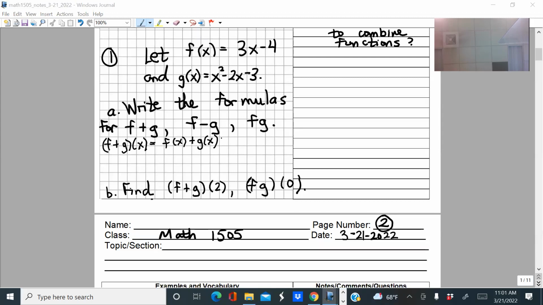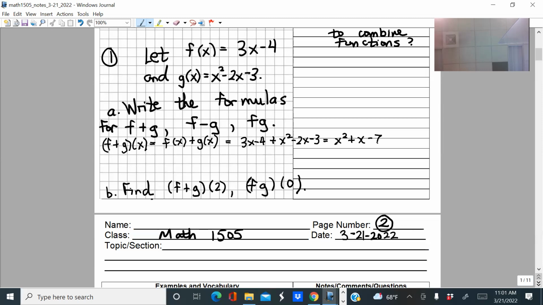So what was the formula for f? We've got it written down up there: 3x minus 4. And we just add on the formula for g, which is x squared minus 2x minus 3. And there it is. Just that simple. We can add some like terms here. So we end up with x squared, and then 3x minus 2x is x, and then minus 4 minus 3 is minus 7.